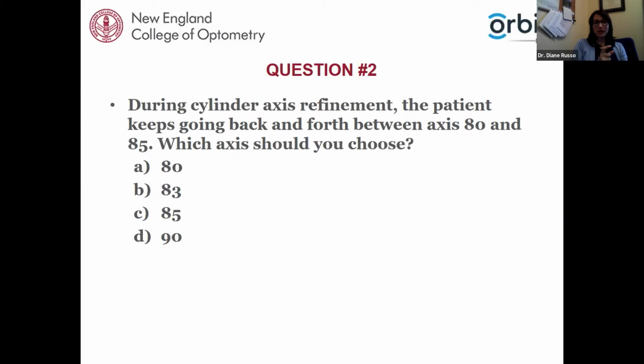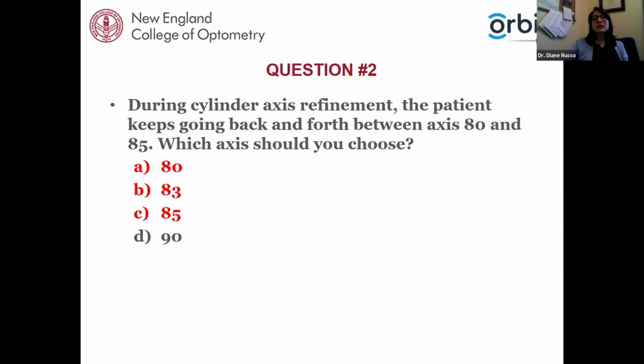Okay, so this is a little bit of a trick question because really only one of these answers I would say is a little bit off. So most of you said 83, and that's exactly in line with what I was just saying, where you can just choose something in between and then move on. However, we're only talking about 5 degrees here, 80 or 85.